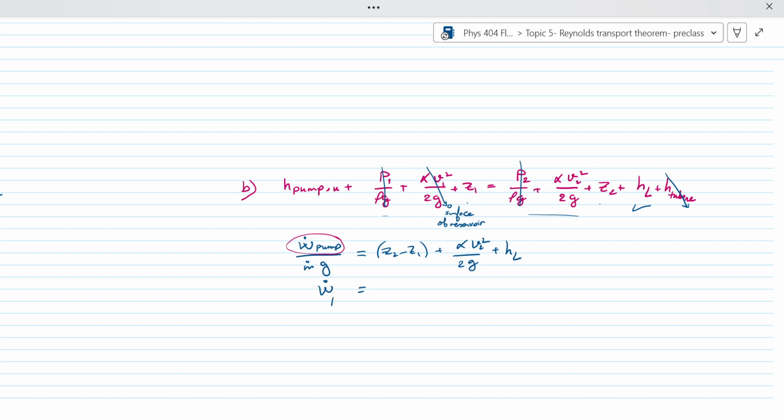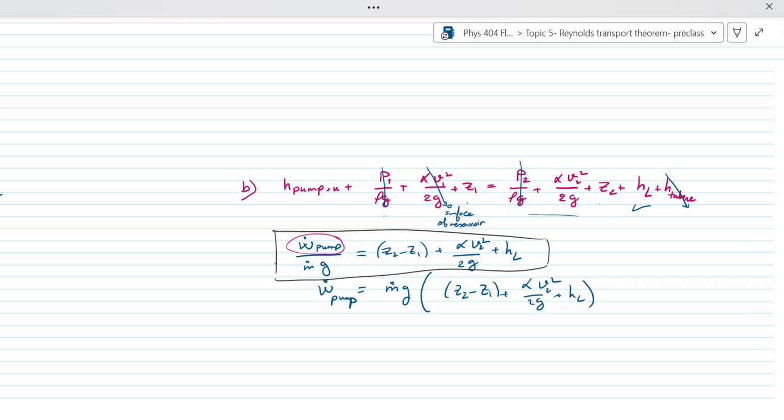So I can write the W dot of my pump to be M dot G into Z2 minus Z1 plus alpha V2 squared over 2G plus HL. This equation basically tells us about the different things that the pump that we have in our control volume does.